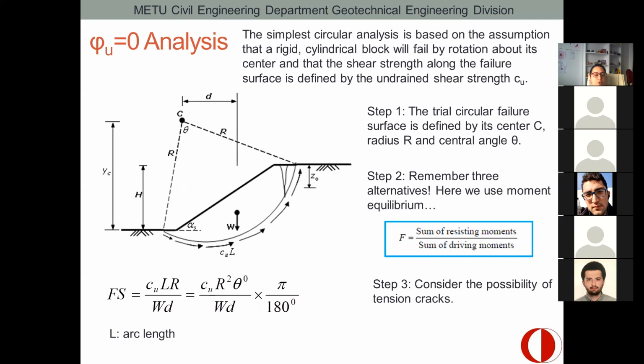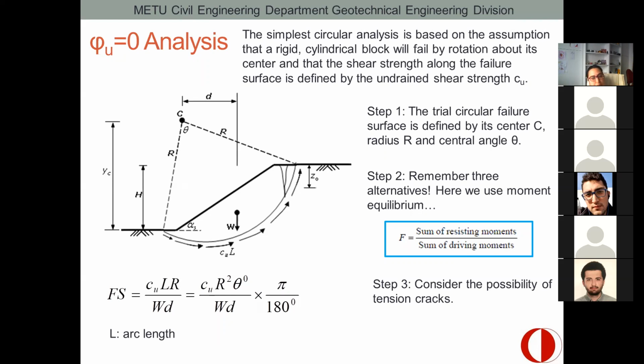Undrained. So this phi_u is equal to 0 analysis is applicable to clays, saturated clays, okay, where phi_u is equal to 0 and the shear strength is defined by C_u only, okay? So we are going to start from the first one.